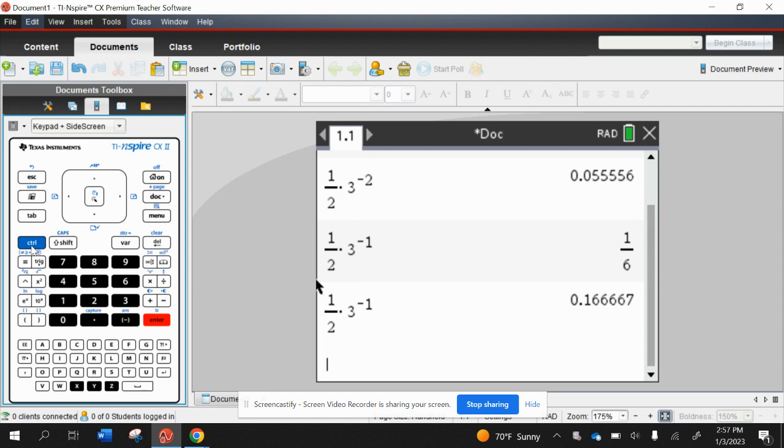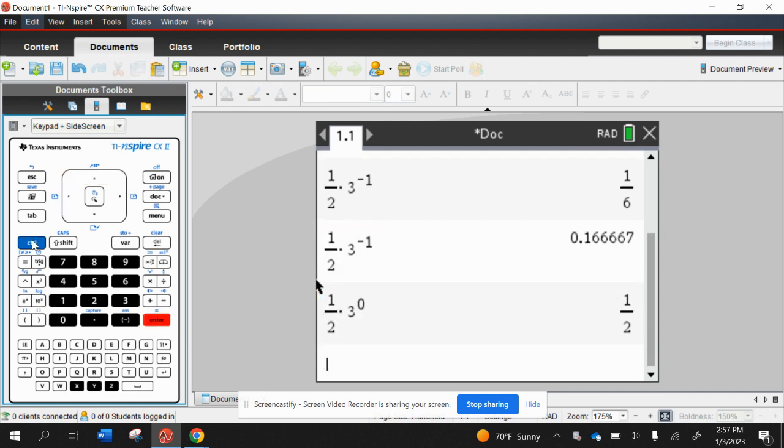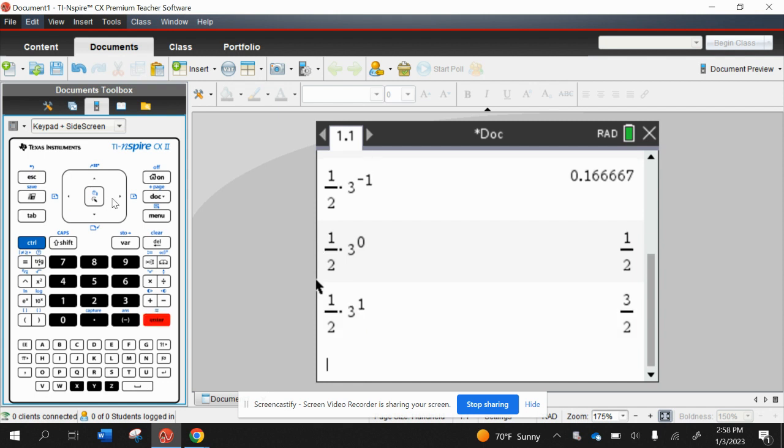Then I'm going to highlight, enter, change the -1 to a 0, and 1/2. Let's convert the 1/2 to decimal. Then we're going to highlight again, change that to a 1.